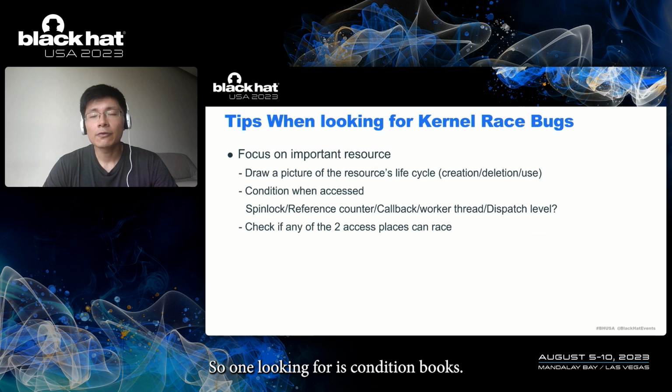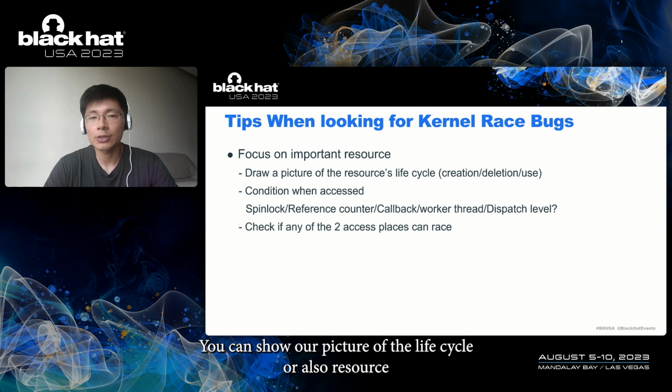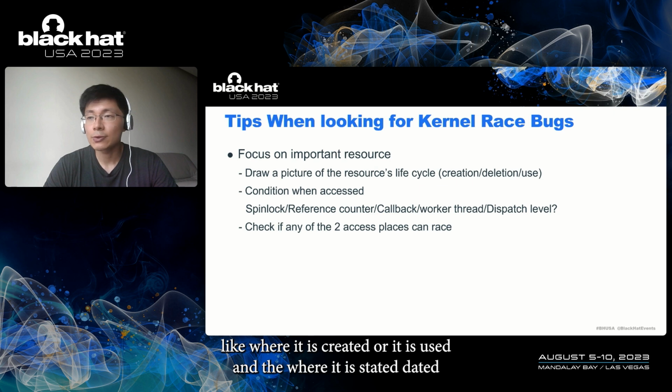So when looking for race condition bugs in Windows, our suggestion is that we can focus on important resources. You can draw a picture of the life cycle of the resource, like where it is created, where it is used, and where it is deleted, and check the conditions for each access.